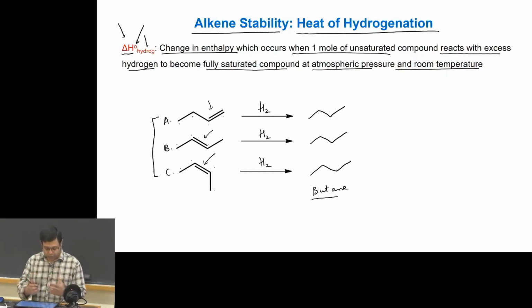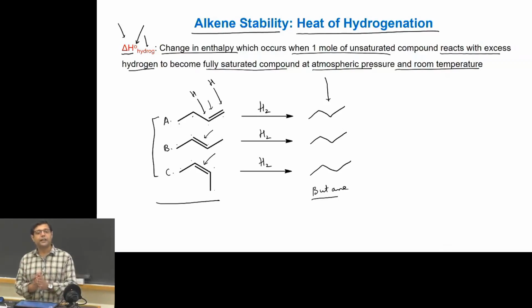Essentially what you're doing in this reaction is adding hydrogen atoms to each of the double bonded carbons, thereby converting unsaturated reactants to fully saturated products. And the change in enthalpy associated with this reaction is called the heat of hydrogenation.